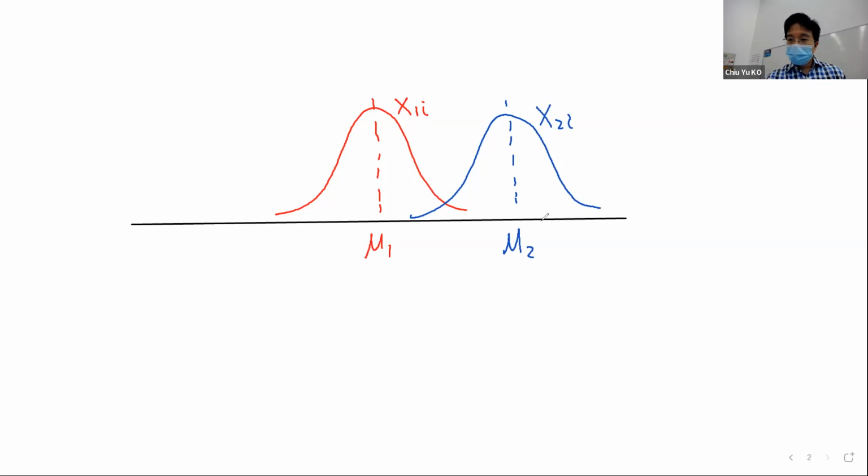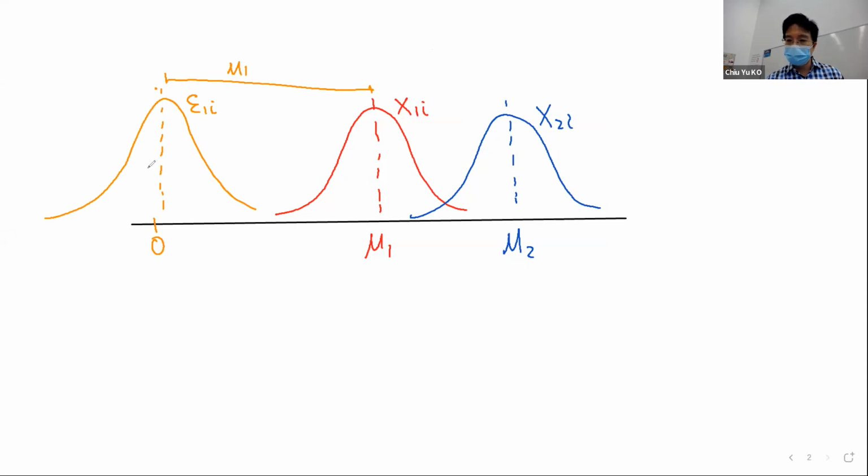And here maybe we have another one. Say 0 is here. And we can actually have epsilon 1i, because this is just mu1.